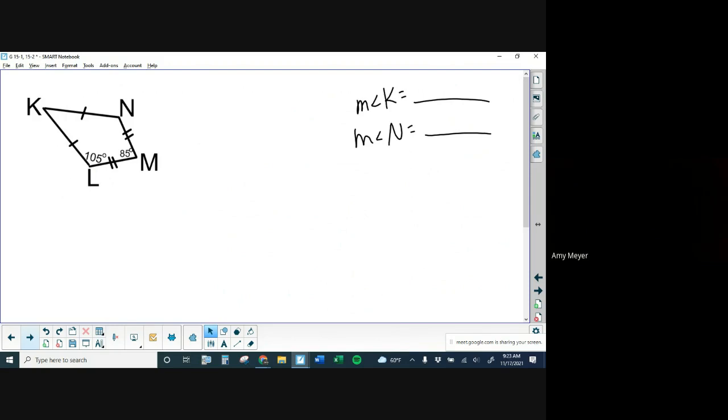Okay, figure out which property you want to use and see if you can find those two angles. Are we using property number 2 again?